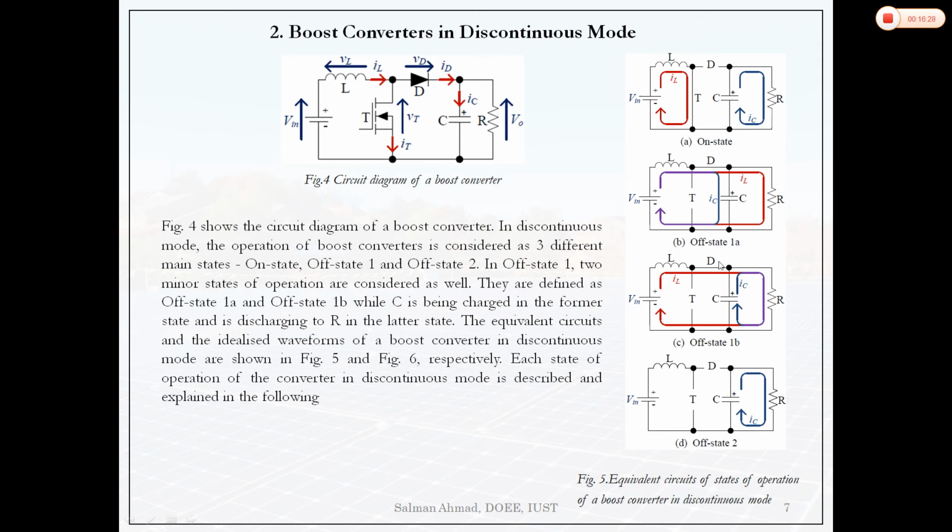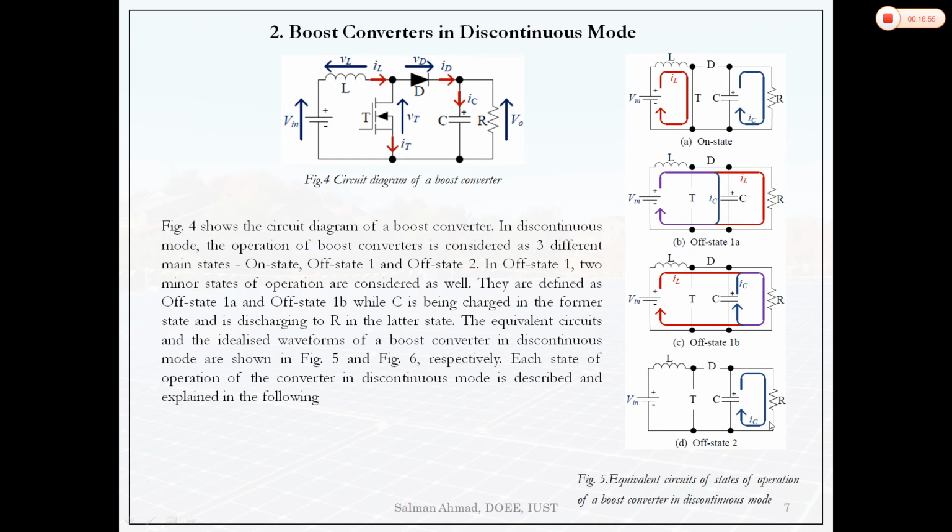Okay, in off state 1 the switch is turned off, so diode is actually conducting in that case, and if the current is more than the load current, the remaining current will flow through the capacitor. Okay, so in off state 1b you can see the inductor current becomes less than the IO value, so the difference of the current will flow from this capacitor and capacitor is getting discharged.